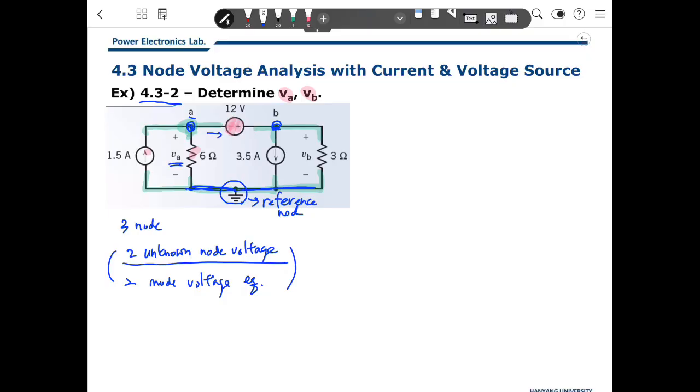So in this case, we can use the supernode. A and B could be a supernode, because there is only a voltage source between them.